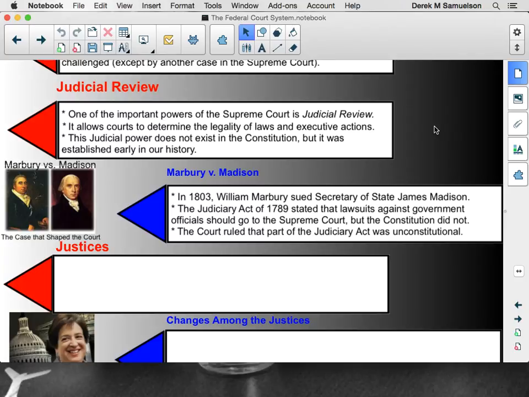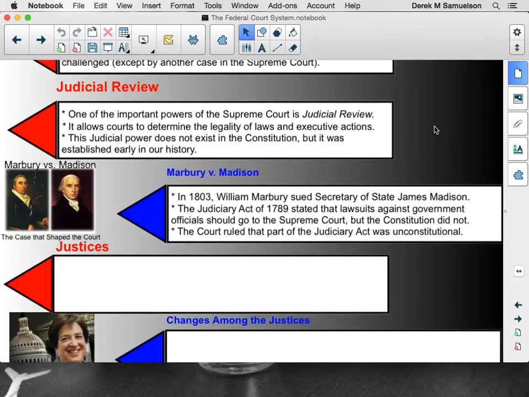And what the Supreme Court did was a very interesting thing. The court ruled that part of the Judiciary Act was unconstitutional, that the Supreme Court did not have the authority to hear this case because the Constitution did not give them the authority to hear this case. That was an interesting thing that the Supreme Court did. They said publicly, we don't have this power.